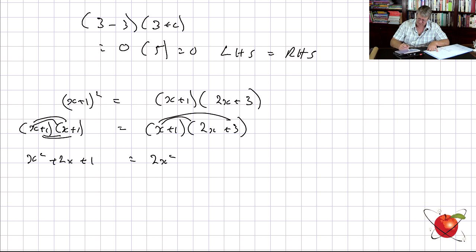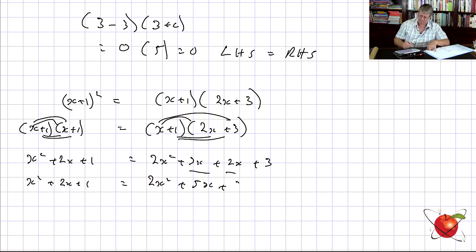Remember those, please put them in, plus 3x plus 2x plus 3, right? And then we simplify it. We can say x squared plus 2x plus 1 is equal to 2x squared plus 5x plus 3.